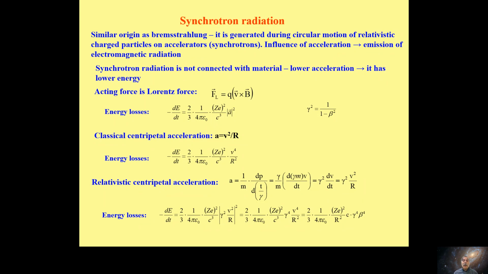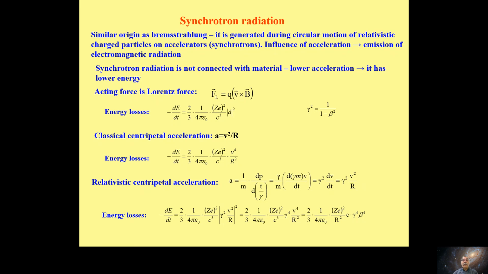This is, for example, a problem for acceleration of light particles in a circular accelerator. If you have a small radius and very high velocity, near the velocity of light, you will have very high intensity of synchrotron radiation and very high losses of energy.